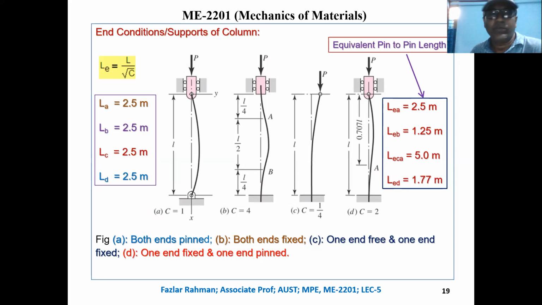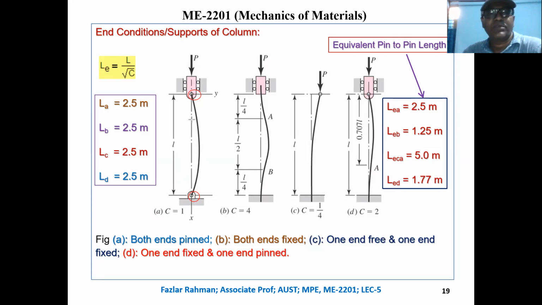So that's why we need to figure out the end condition for other columns. For example, if you look at this first figure, figure A, you see this is a pin end, bottom pin end. So that means this exactly matches our formula, right? Yes, sir. We derived the Euler equation.